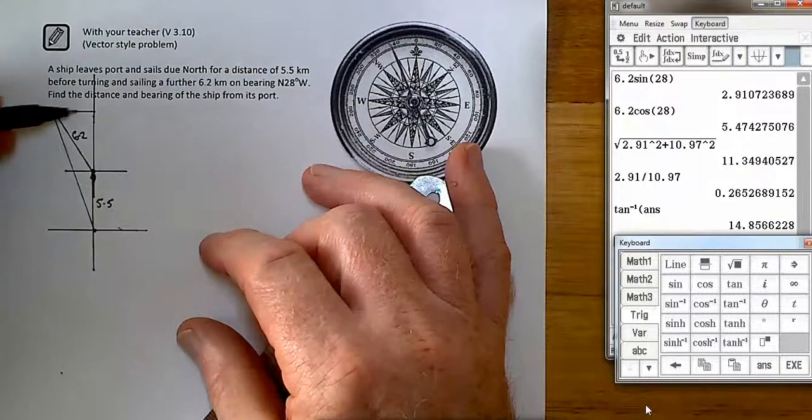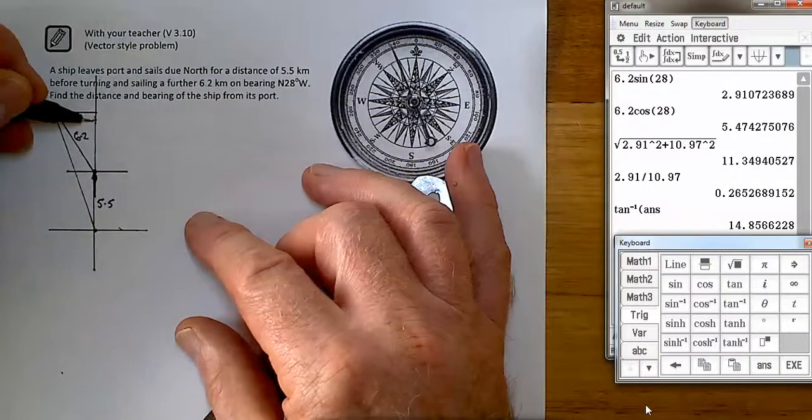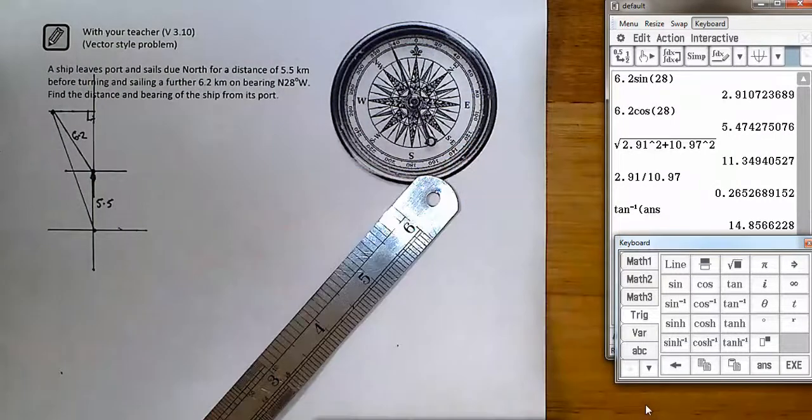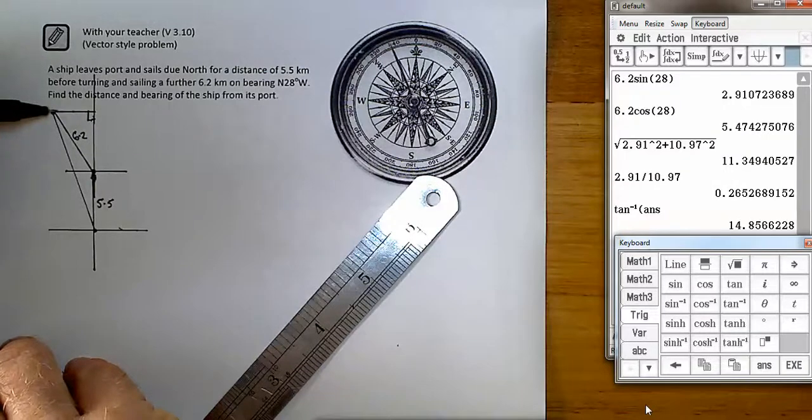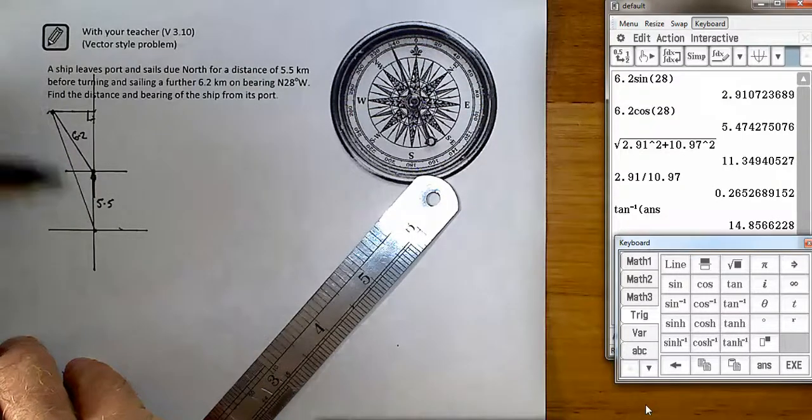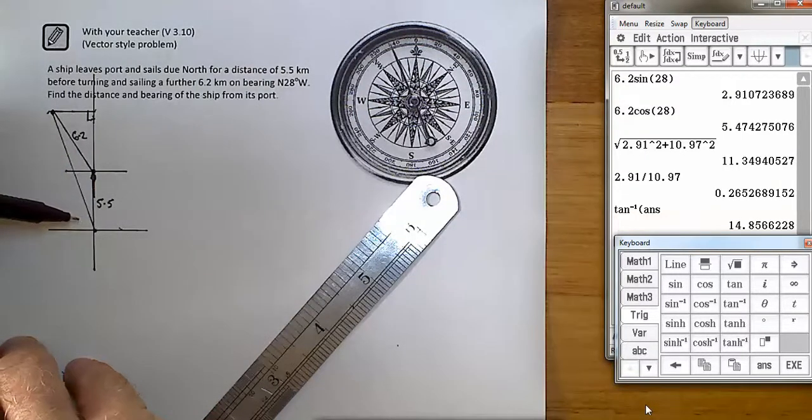Now it is in a right angled triangle. And what's more, if we could work out this distance here and this distance here, we would know two sides of the right angled triangle, and therefore we would be able to work out the third one by Pythagoras' theorem.